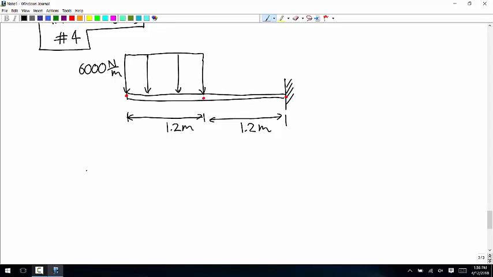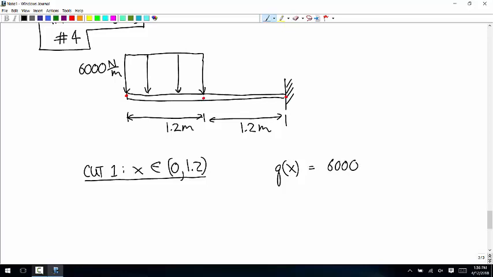On this first half, cut 1 is for x between 0 and 1.2. And on this one, what's the function q of x? 6,000, yep. It's just a constant function. No matter what the x value is, the height of the distributed load is 6,000, so that's it. And so when we take dV/dx, we should get negative 6,000.